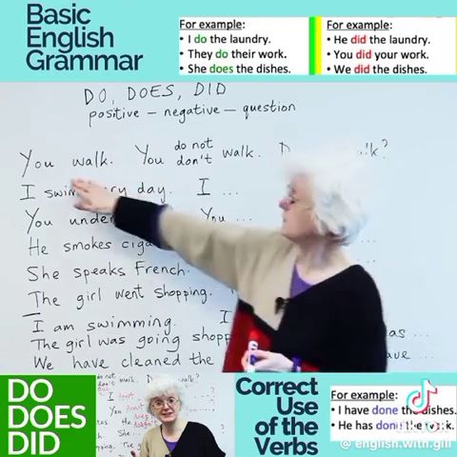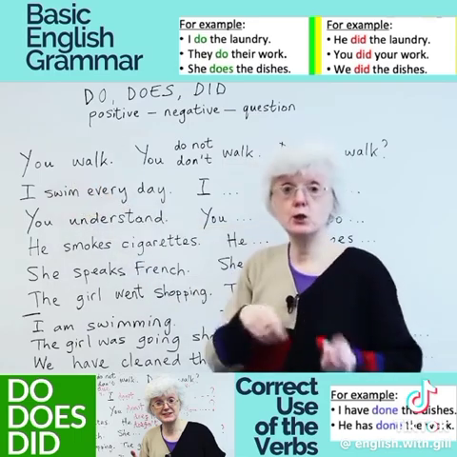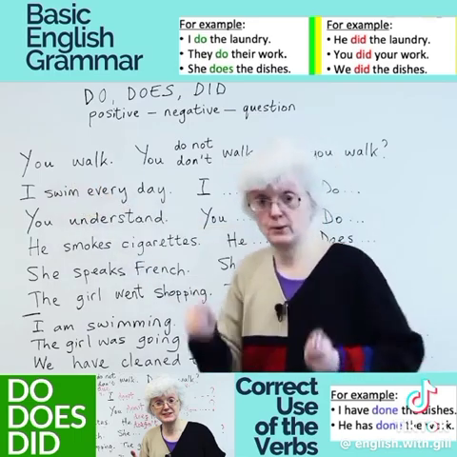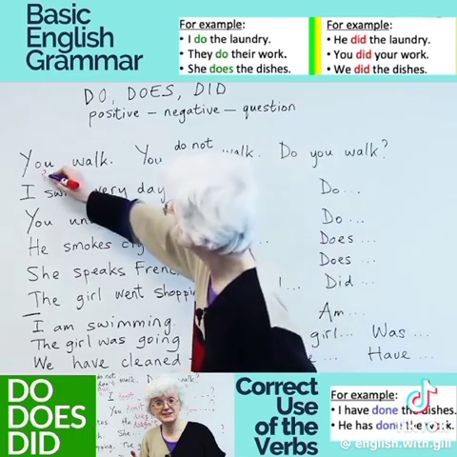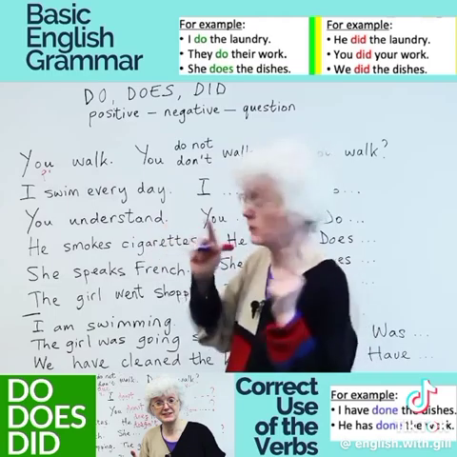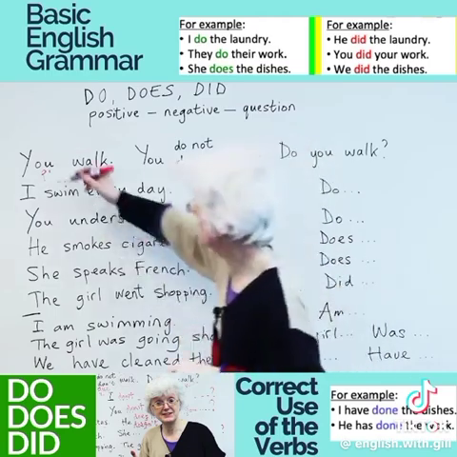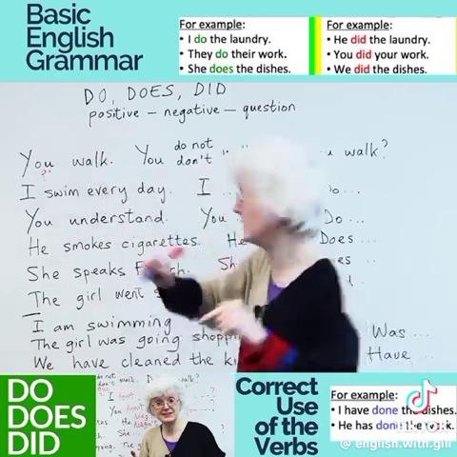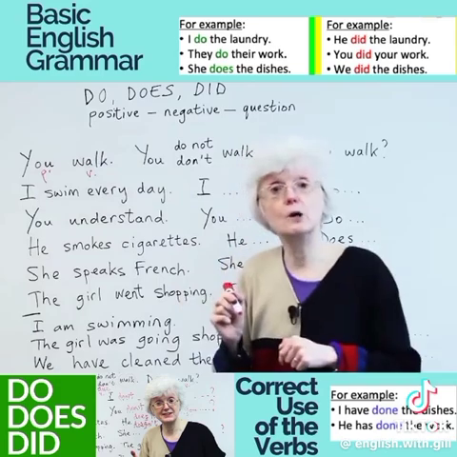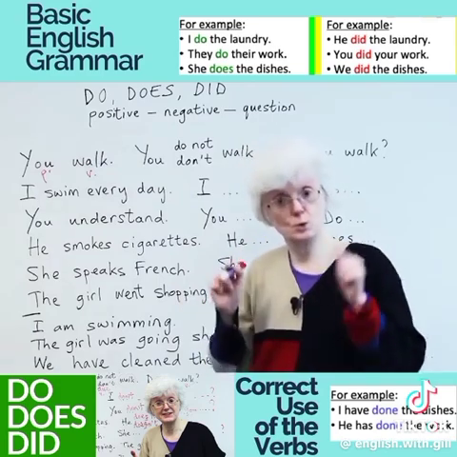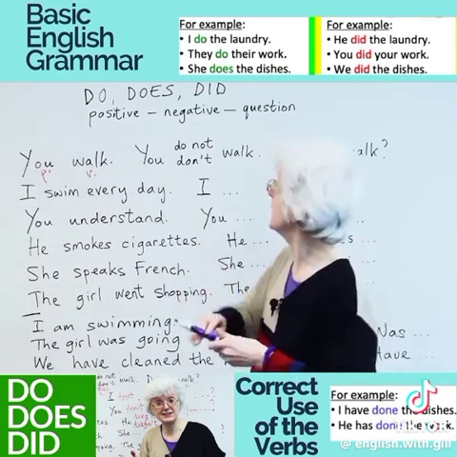Okay, so just a simple sentence, you walk. So we've got the pronoun, you, the person, P for pronoun, P for person, okay? And the verb, to walk, you walk, okay?